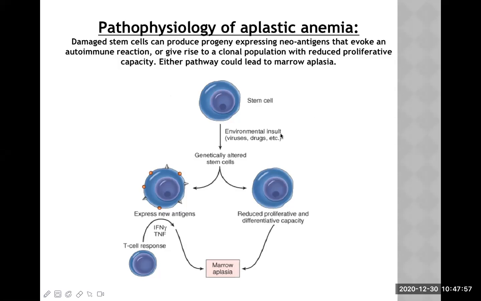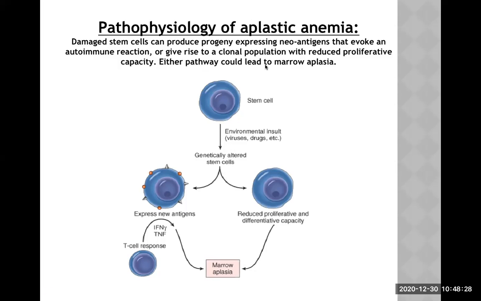Different environmental insults, and we have talked about that in the last class. Like viruses, important is hepatitis B virus, okay, even cytomegalovirus, even varicella zoster virus, or drugs like chloramphenicol, okay, like alkylating agent, like a chemical like benzene. So all of these cause damage of the stem cells of bone marrow, and what they do, they will alter the stem cells genetically.